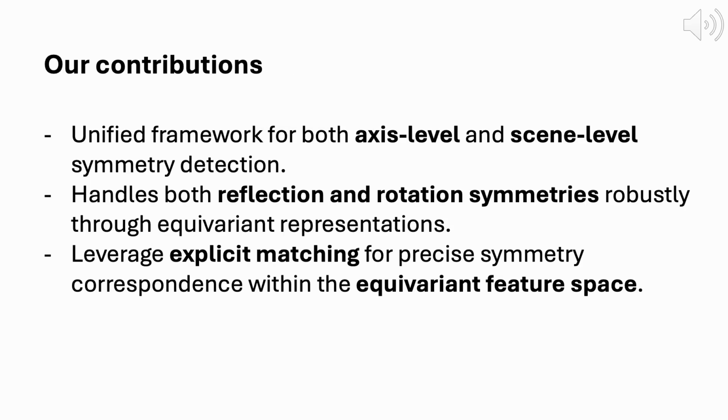We present a unified framework that detects symmetry at both the axis and scene levels. It robustly handles both reflection and rotation symmetries through group-equivariant representations, and it leverages explicit feature matching to achieve precise symmetry correspondence within the equivariant feature space.